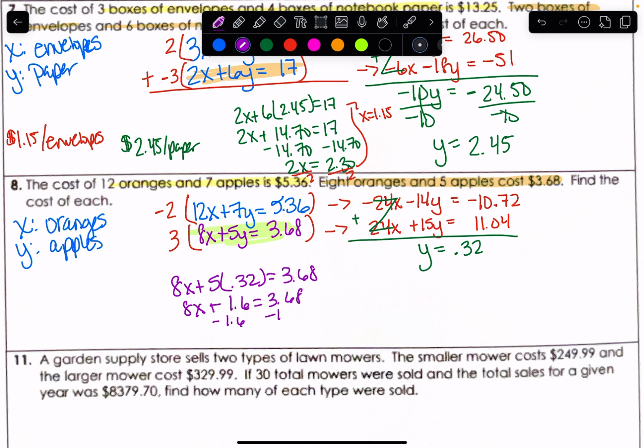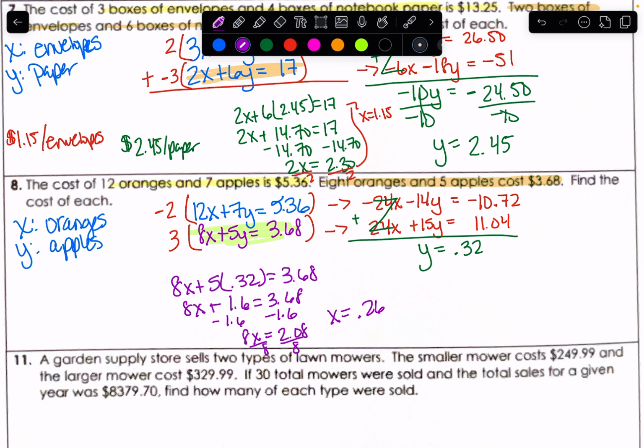Subtract 1.6 on both sides. I get 8x equals $2.08. Divide by 8, and so I can solve for x. X is 26 cents. All right, so oranges cost 26 cents each, and apples cost 32 cents each.